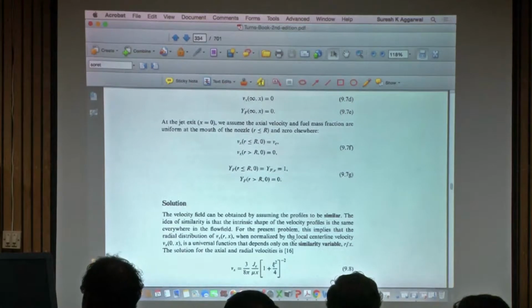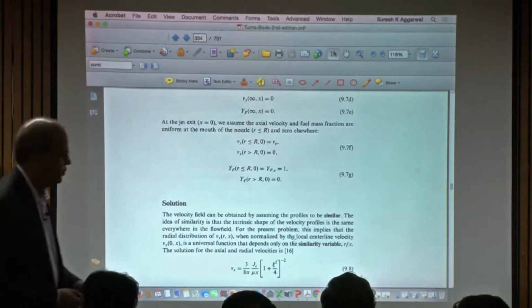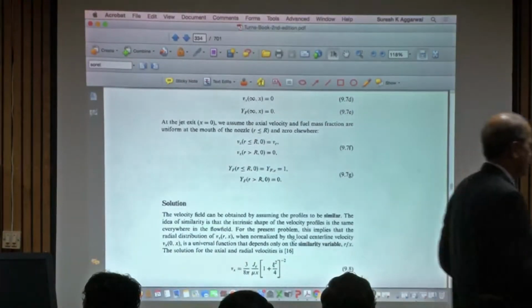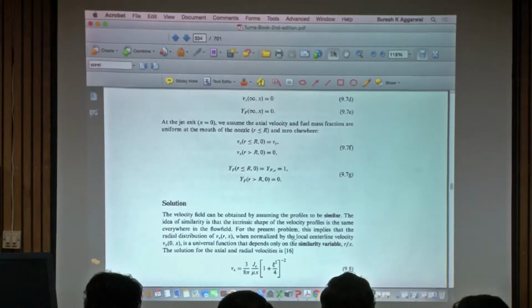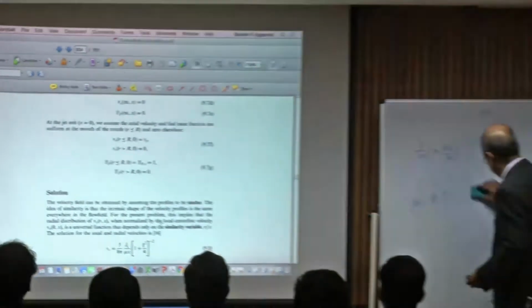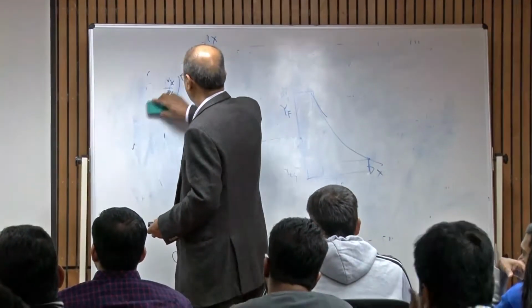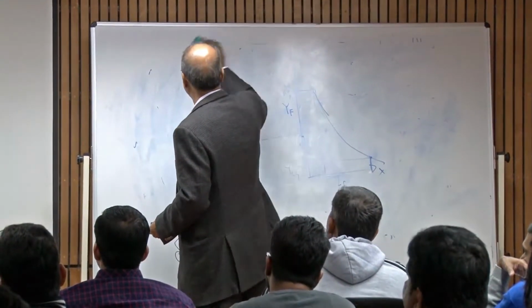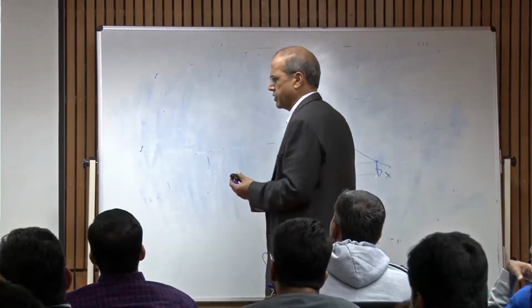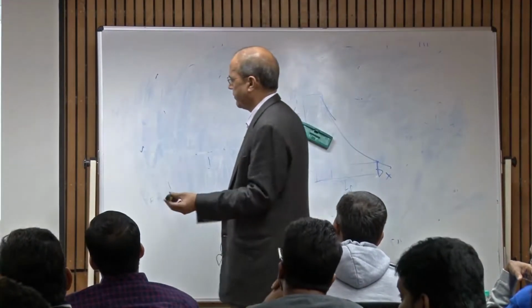So for the solution, I'll just give you background. We are not going to do the derivations. So this is based on a similarity solution assumption, that these equations have a similarity solution. So what does this mean?